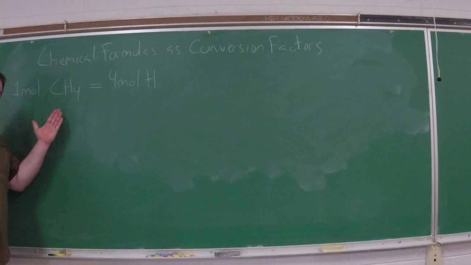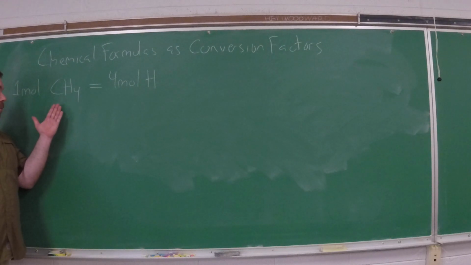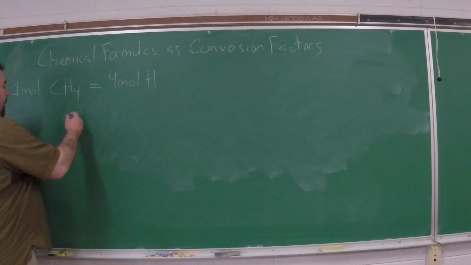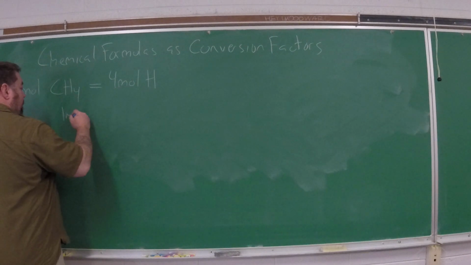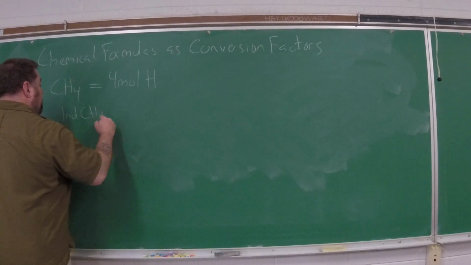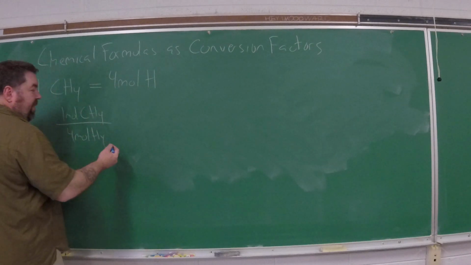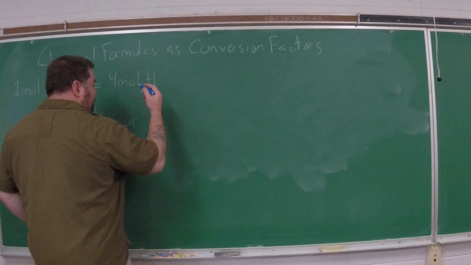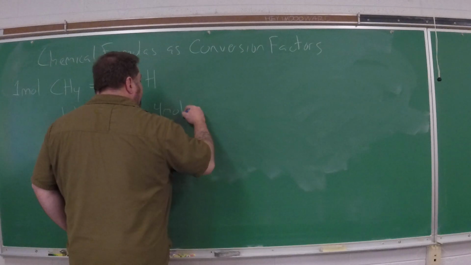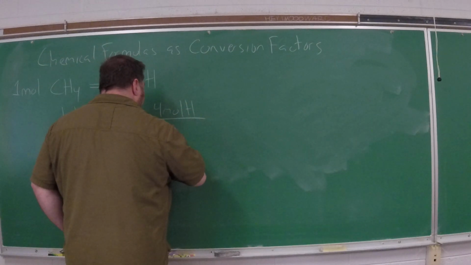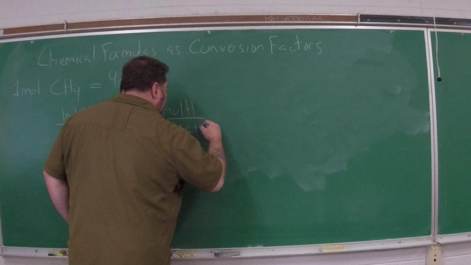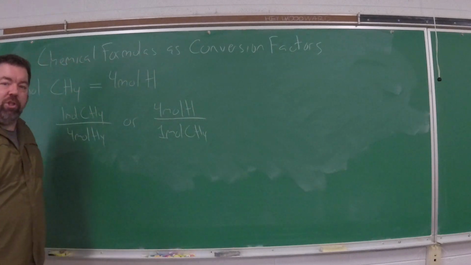So again, this can be written as a conversion factor, right? You can write it as moles of CH4 on top, moles of H4 on the bottom, or vice versa, depending upon what you're doing.